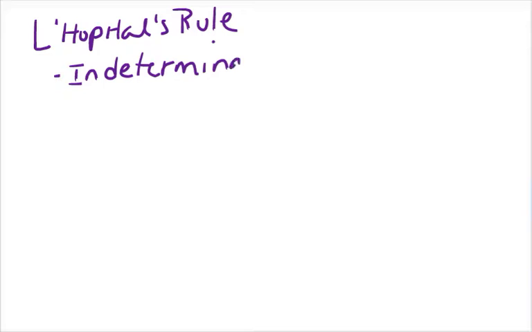You can't determine the limit through traditional techniques or the tricks that you may have learned in Chapter 2 in Calc 1. So we're going to learn a new technique, but we need to get it in a certain form. And indeterminate forms, there's many of them. The ones that we can use L'Hopital's rule for, you recall, are 0 over 0 and infinity over infinity.